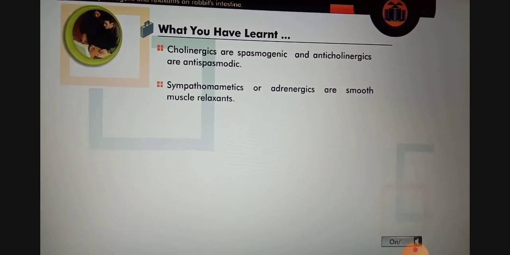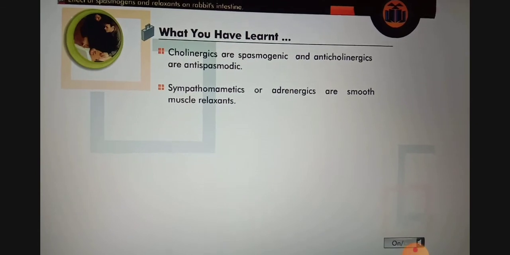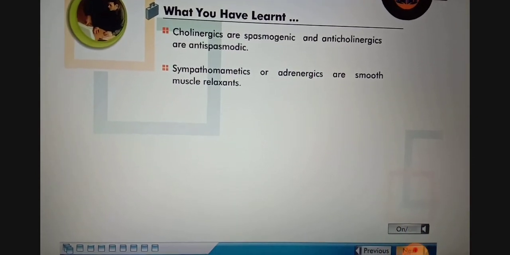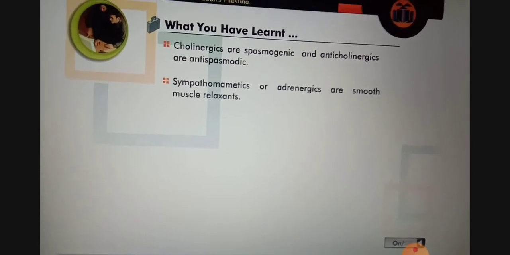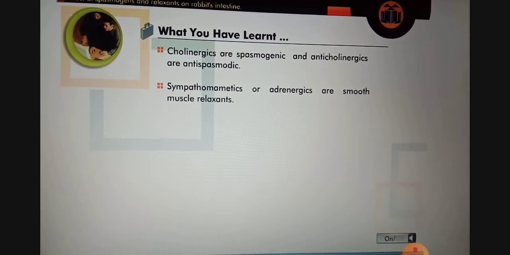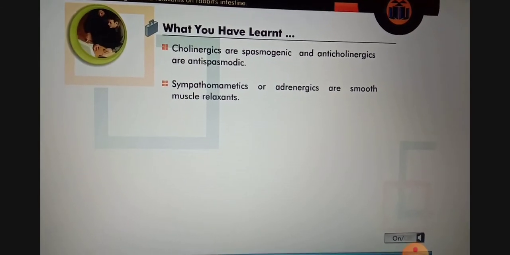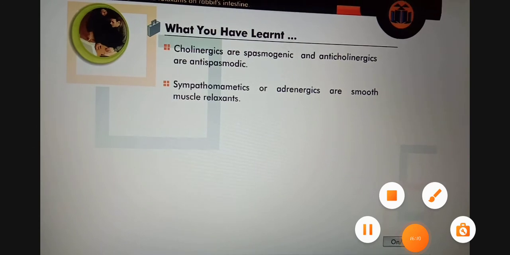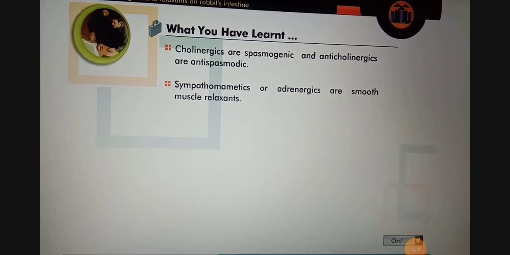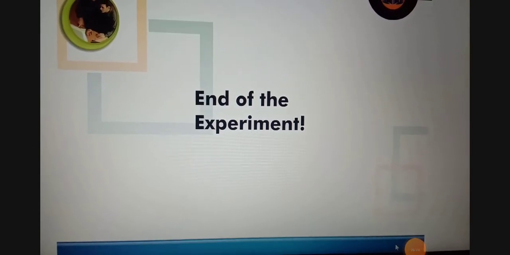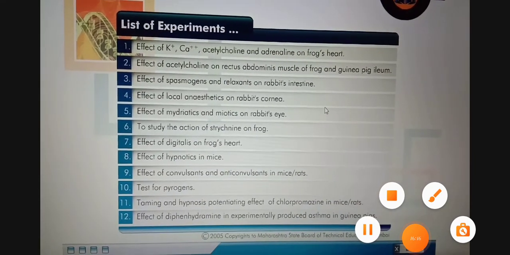And when adrenaline is administered, it causes the relaxation of smooth muscles of the intestine of that rabbit. So these are the effects exerted by certain spasmogenic, spasmolytic and relaxant drugs. So here is the end of this experiment. Thank you.